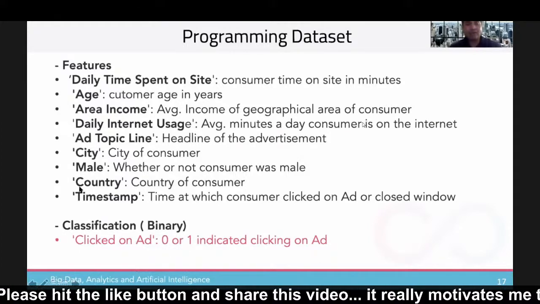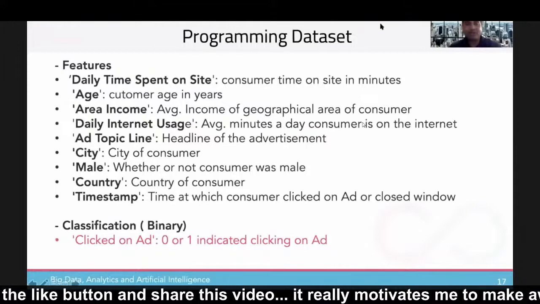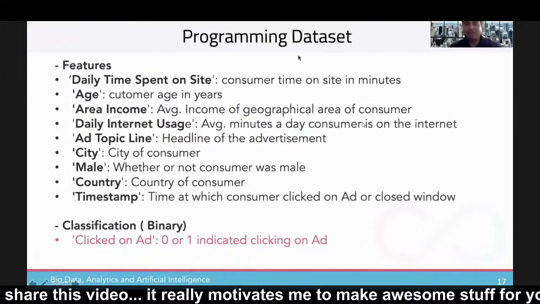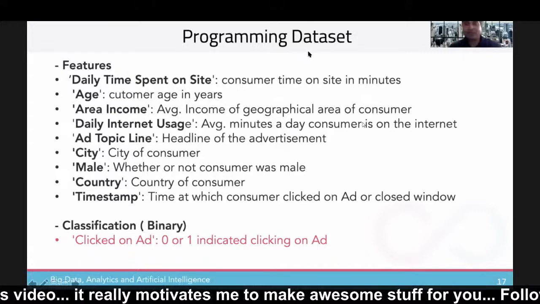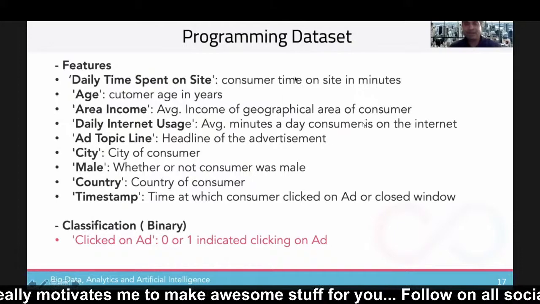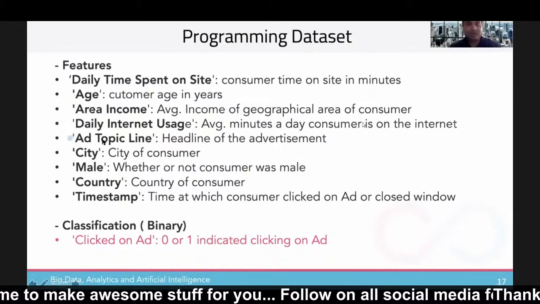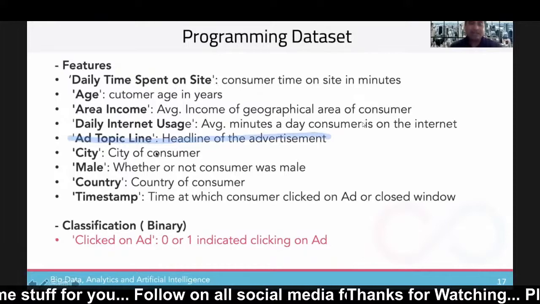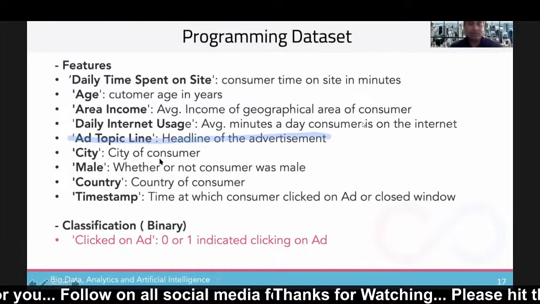But not all of them. We struck out some of the variables. We did not use the ad topic line because it is a headline and hard to validate in a mathematical model.